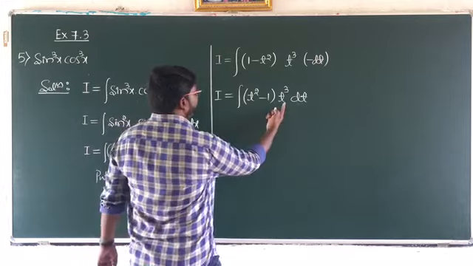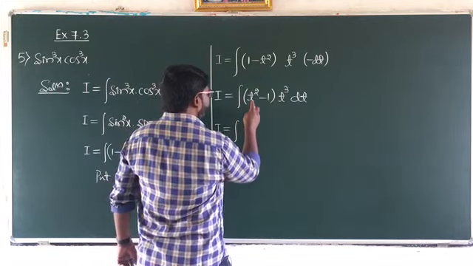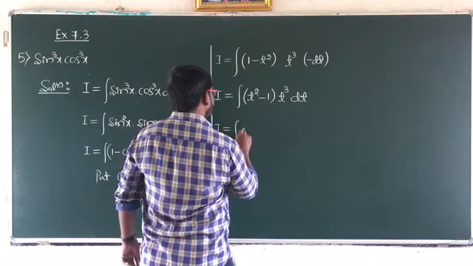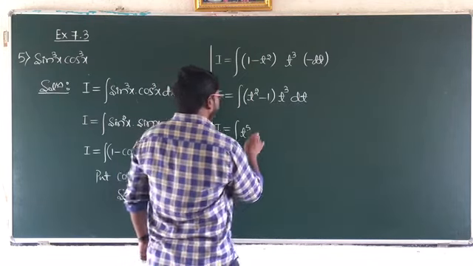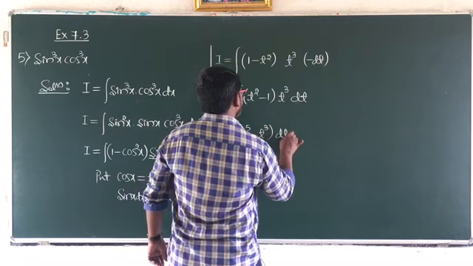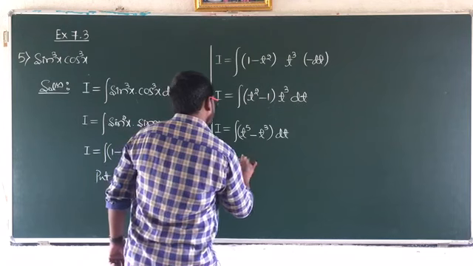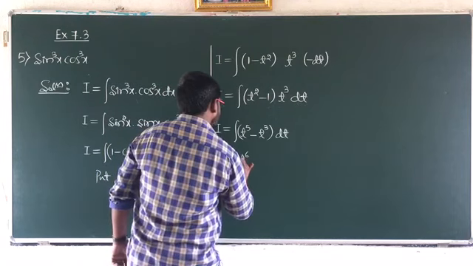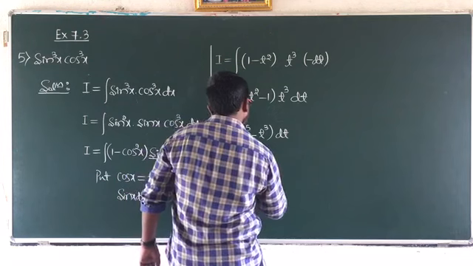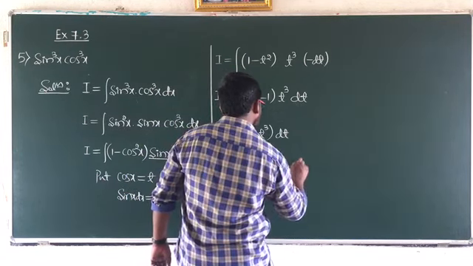So now multiply t raised to 3 with these two, t raised to 2 into t raised to 3 will be t raised to 5, then minus t raised to 3 dt, which is equal to, integrate them separately, we get t raised to 6 divided by 6 minus t raised to 4 divided by 4 plus c.